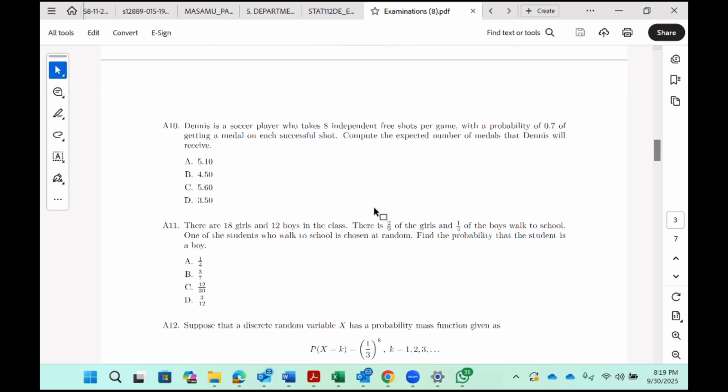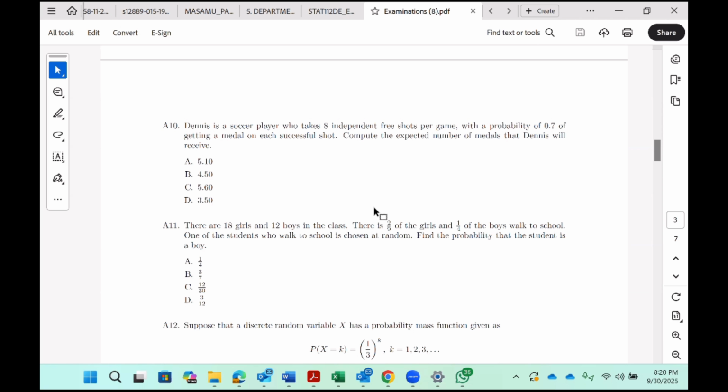Question 10 says that Dennis is a soccer player who takes 8 independent free shots per game with a probability of 0.7 of getting a medal on each successful shot. Compute the expected number of medals that Dennis will receive.